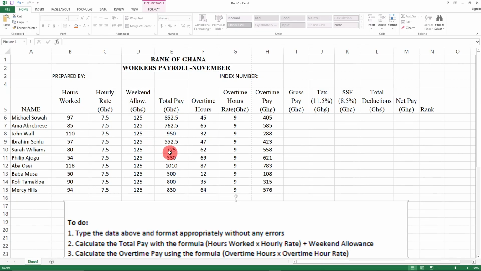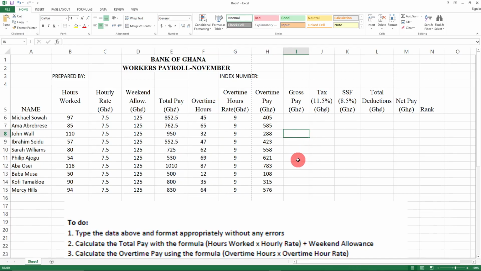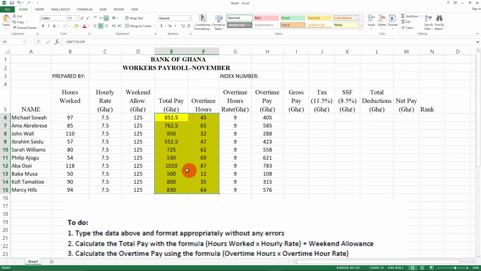Total pay plus overtime pay to get the gross. Okay, so let's start.